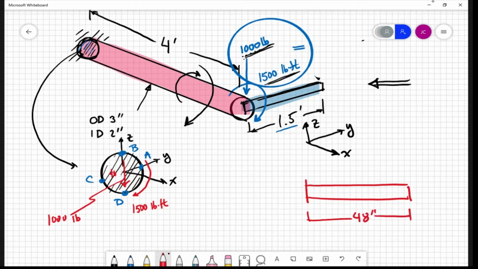We have 1,000 pounds acting down. Then to balance that, we're going to have an upwards shear of 1,000 pounds, and as well a bending moment that's going to go in this direction of 4,000 pound feet.